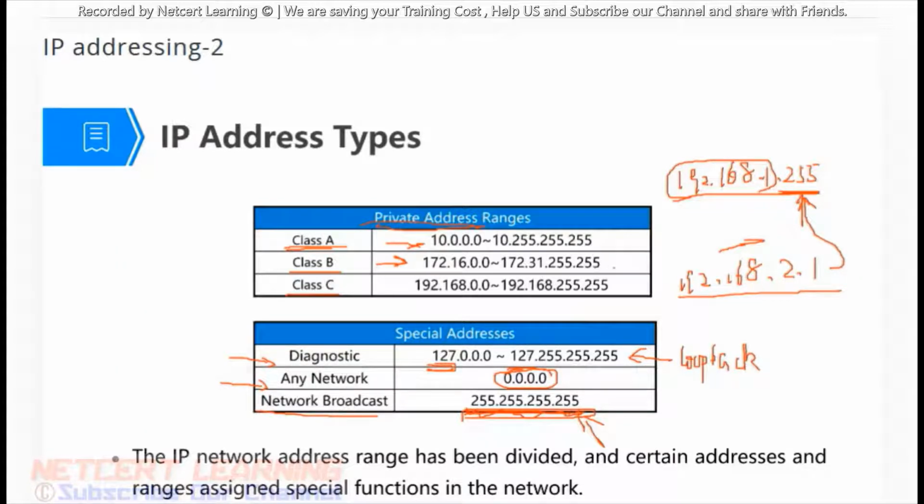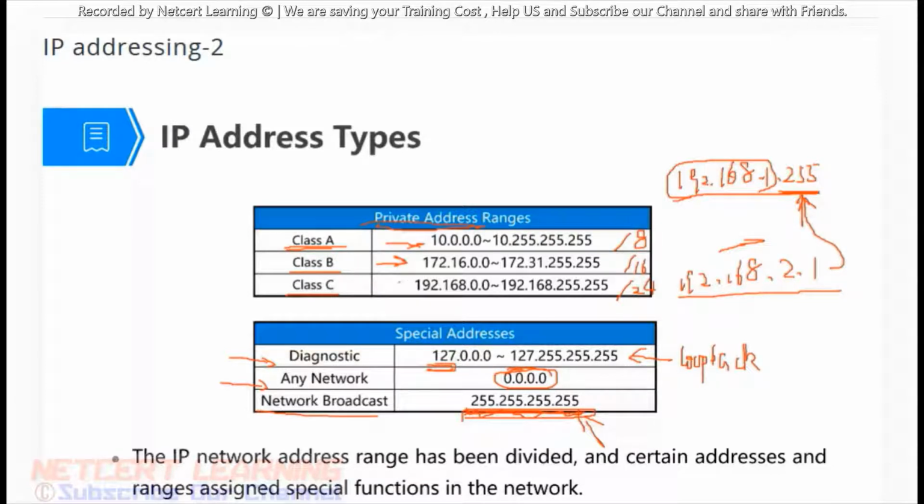Of course, the class B default mask is 16. In class A, the default network mask is 8. In class C, the default network mask is 24. And the range is 192.168.0.0 to 192.168.255.255.